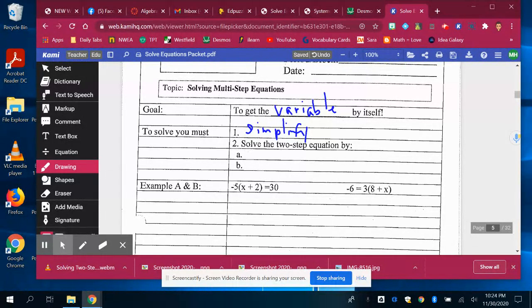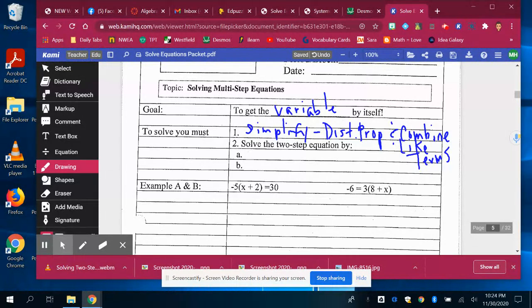When you simplify, you are using the distributive property first and combining like terms, just like you learned when we were simplifying expressions. So you're going to simplify first by using the distributive property if it's there, and combining like terms if you can.